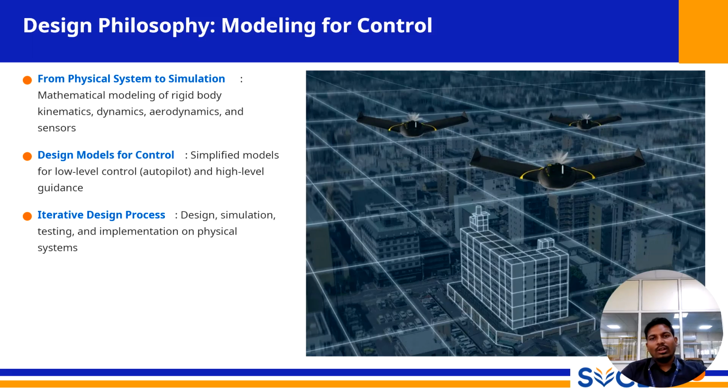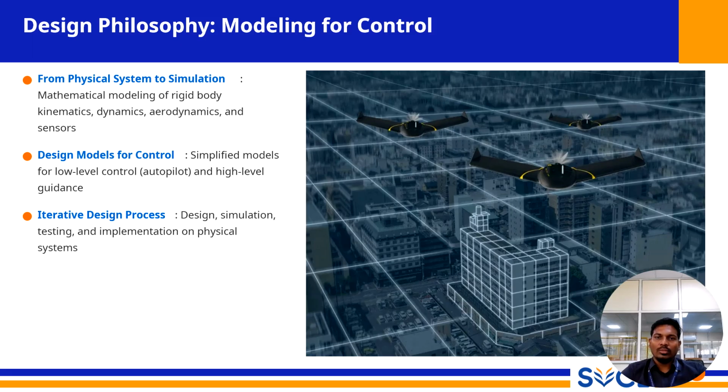For low-level control, such as autopilot functions that keep the drone stable, we often use a simplified model that accurately captures the drone's behavior during specific maneuvers like hovering. These models might ignore certain complex aerodynamic effects to make the mathematics of designing a stable feedback control more manageable.